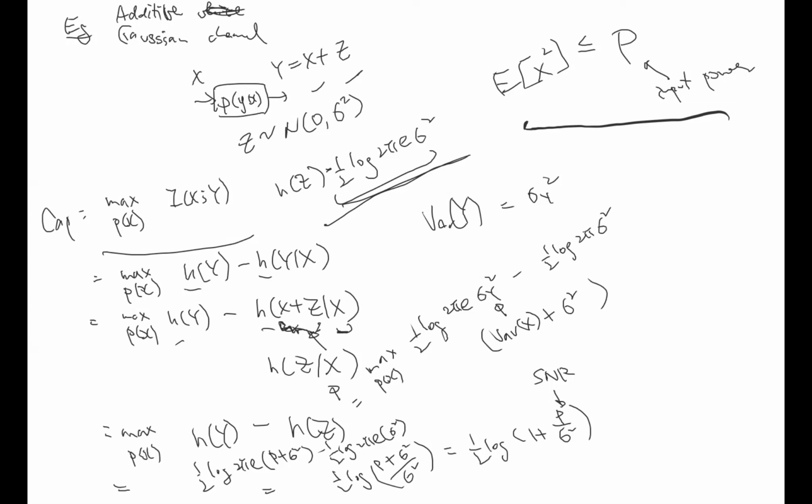Here sigma Y square is the variance of Y. Variance of Y is always equal to variance of X plus the variance of the noise when the noise and the input are independent. So this is always true. Now, I will get maximum variance of X when X is zero mean.